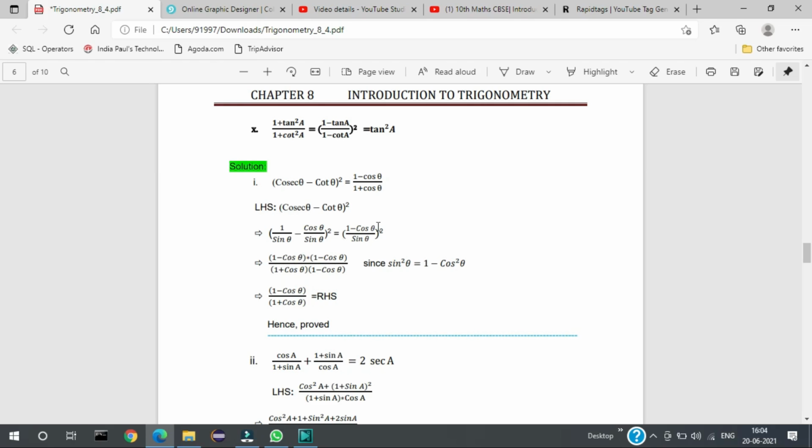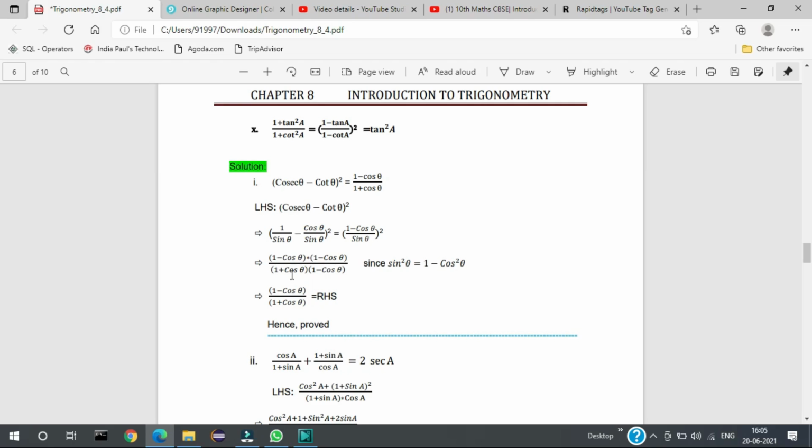1 minus cos theta whole square can be written (1 minus cos theta) into (1 minus cos theta). So in the denominator, sin square theta, which can be written 1 minus cos square theta, and 1 minus cos square theta can be written (1 plus cos theta) into (1 minus cos theta).